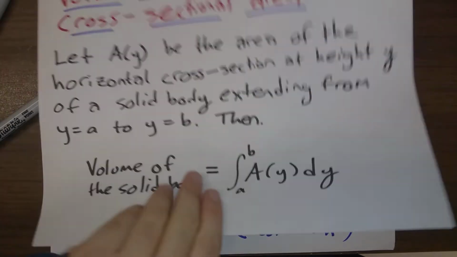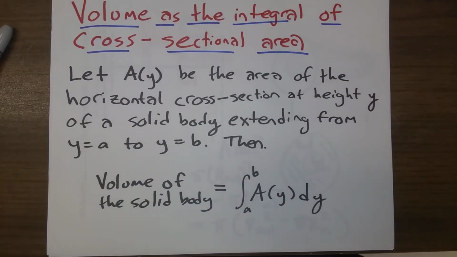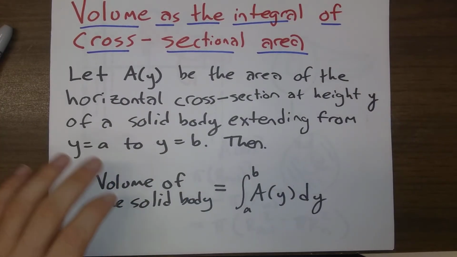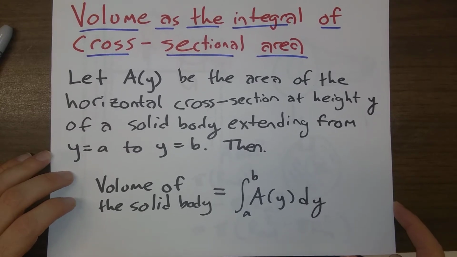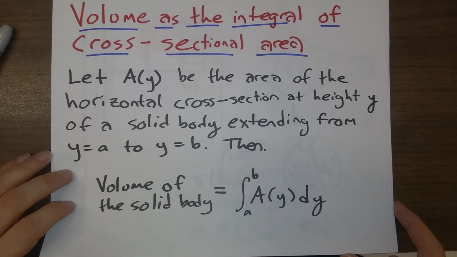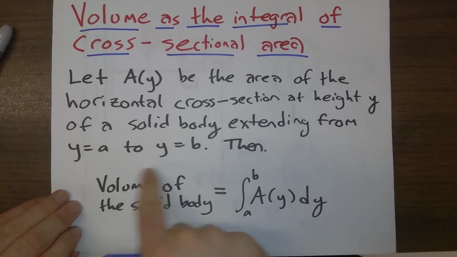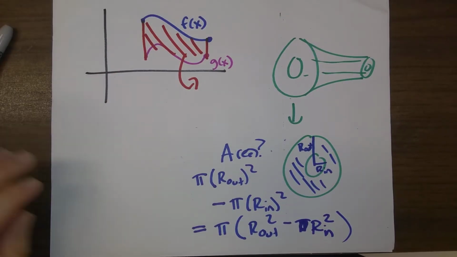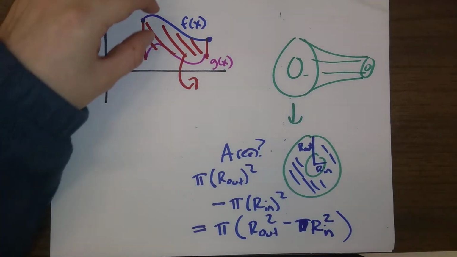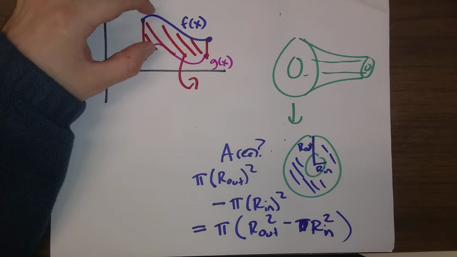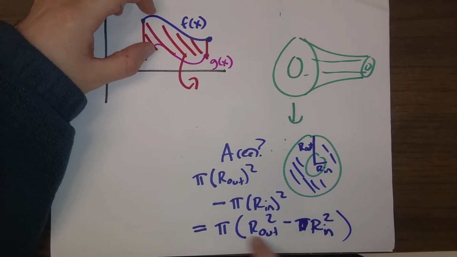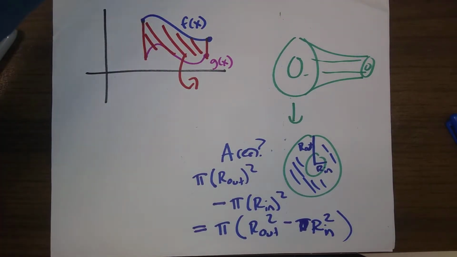And so, once again, going back to our section 6.2 setup, to get volume, we integrate the cross-section area along a given interval. So to come up with the volume that we get when we take the region between these two curves and revolve it around the axis, we're going to be integrating this expression down here.